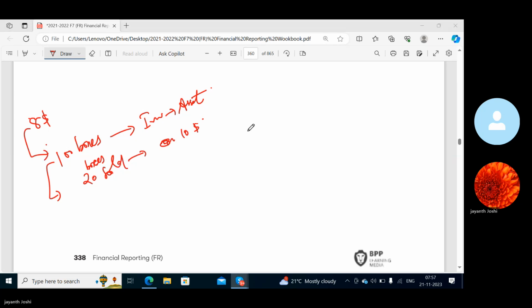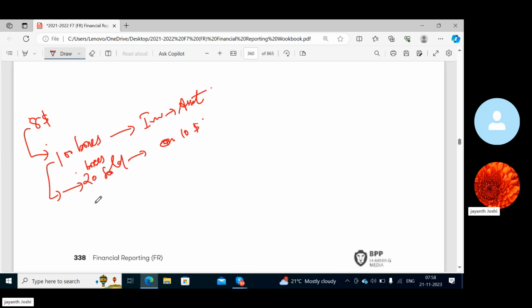Now I bought the boxes for $8, and I am selling them for $10, right? The point is, will this inventory of 20 boxes still be shown as an asset or what? Yes, sir. It will be shown as an asset.